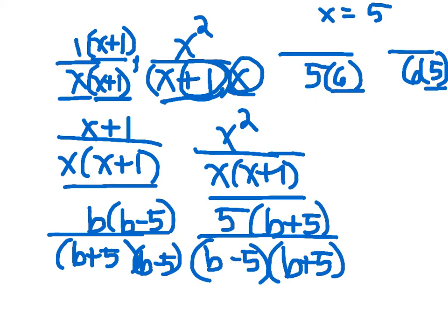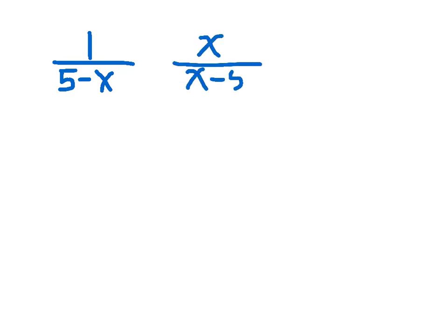There's another slightly confusing thing that we might have to do tomorrow. Do it today. If I say 1 over 5 minus x and x over x minus 5, I put my polynomials in parentheses, and I know that that's not the same number.